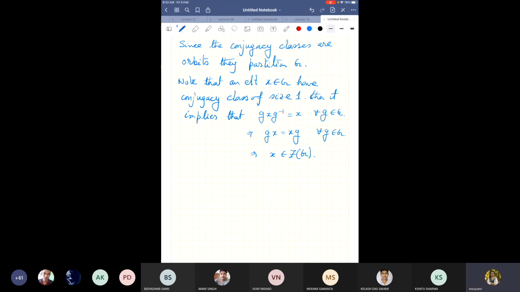And in fact, this is an if and only if condition. That means if I start with an element which is in the center, then gx will be equal to xg for all g. That means that in that case, the conjugacy class will be of size 1, isn't it?